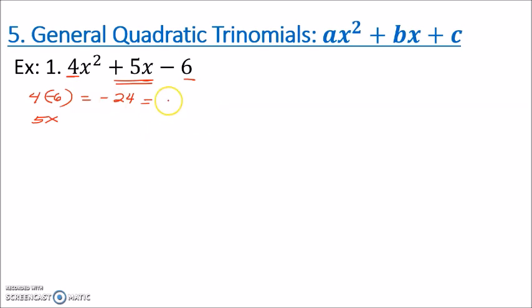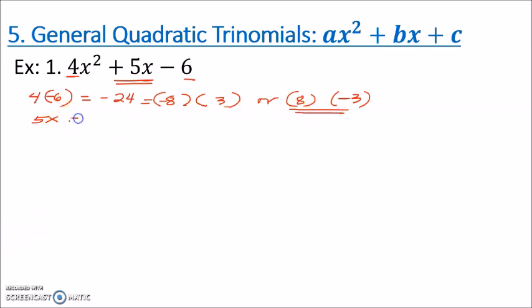Okay, 8 times 3. Okay, so we have negative here. So, dapat isa sa dalawa ay negative. Pwedeng negative 8 or pwedeng positive 8 tapos negative 3. Alin kaya sa dalawa ang magbibigay ng positive 5? Okay? So, that would be this one.